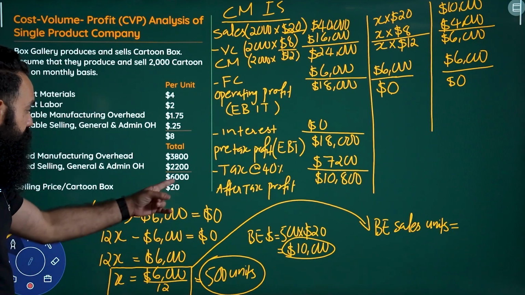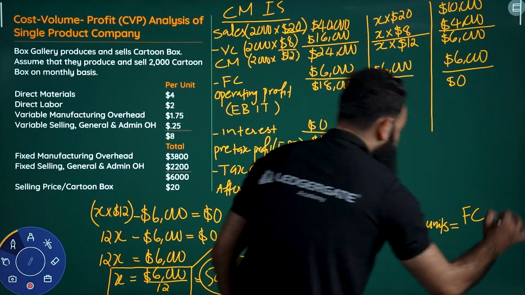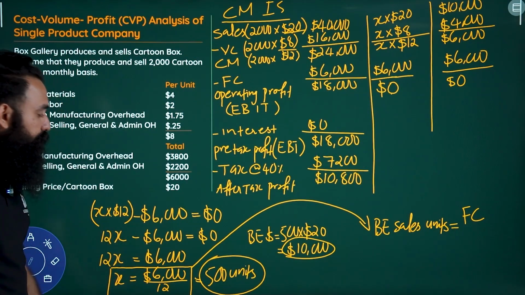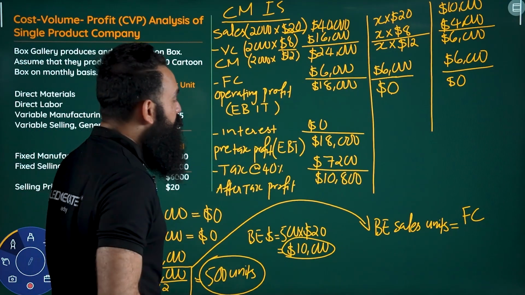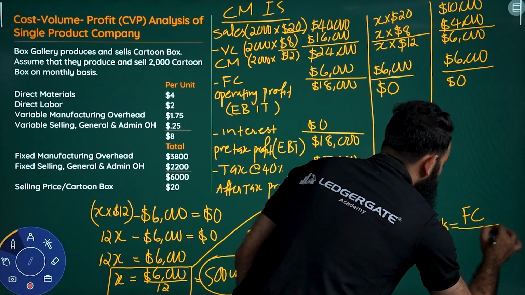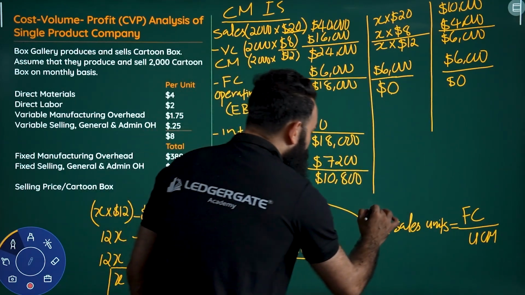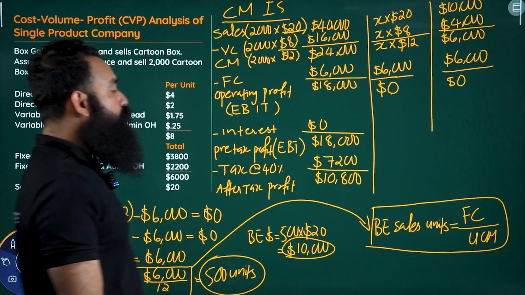So what is 6,000? 6,000 is our fixed cost, right? And what about this 12? 12 means this. Here we can see 12. What does it mean? Unit contribution margin or contribution margin per unit. This is how we calculate break-even in units.